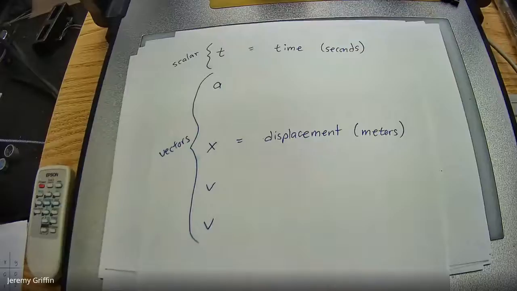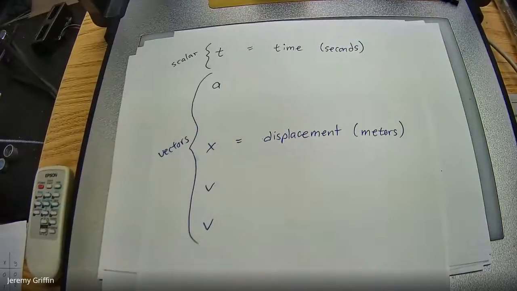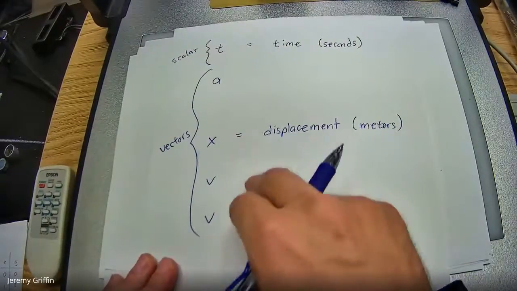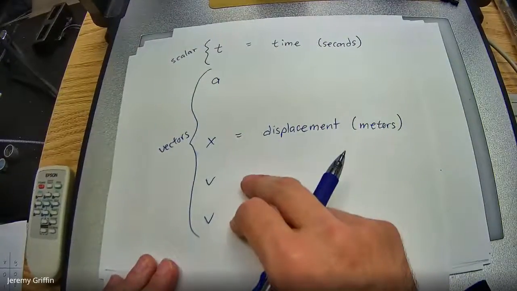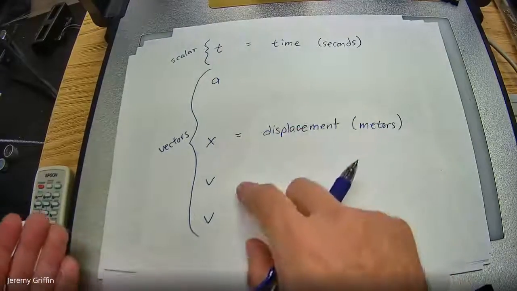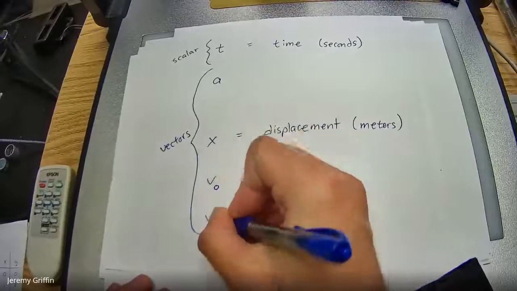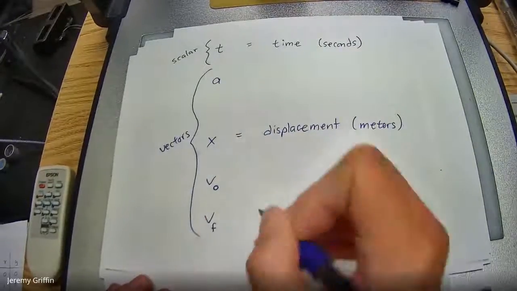Like yesterday, your starting velocity was what, if you released the car from rest? 0, right? And then maybe it was crossing the finish line with something else. And these two V's refer to those, just the starting and the ending. I don't really care about anything in the middle. So I'm going to do a subscript naught on that one and a subscript F on this one.